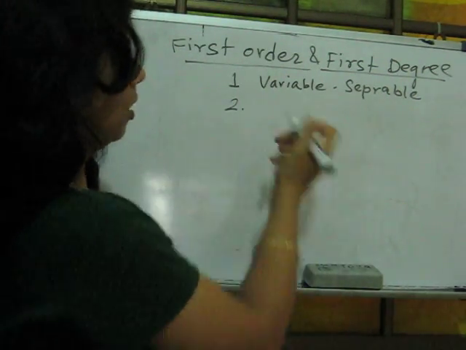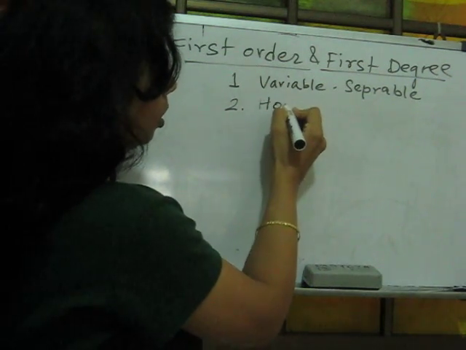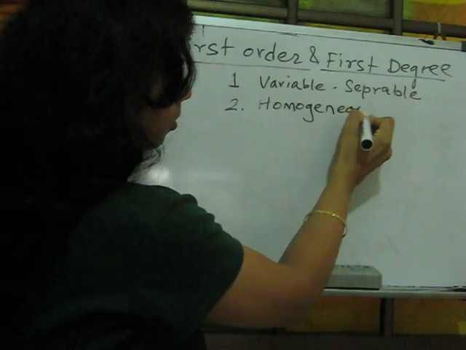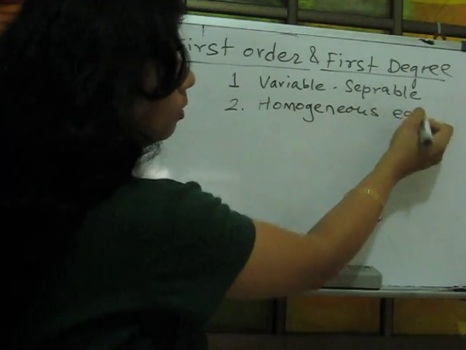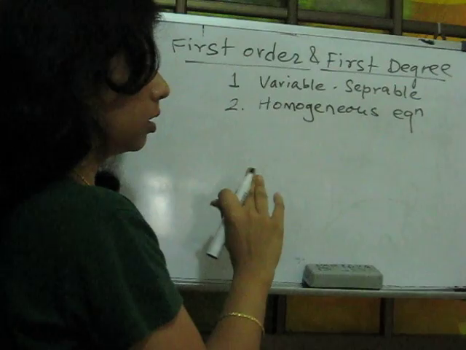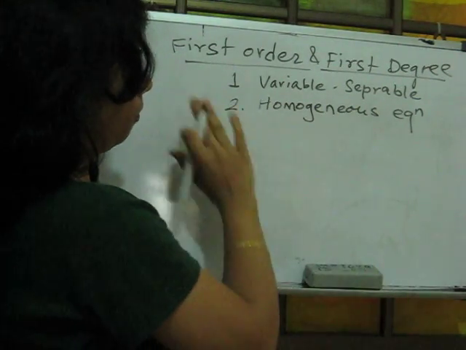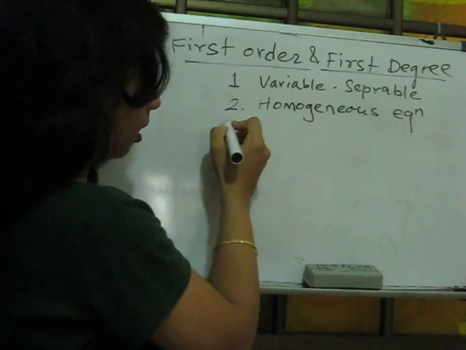It's very easy. The second one is called the homogeneous equation. Homogeneous means the first order, first degree equation is the same. For the equations which are homogeneous, first order, first degree, there is one method.